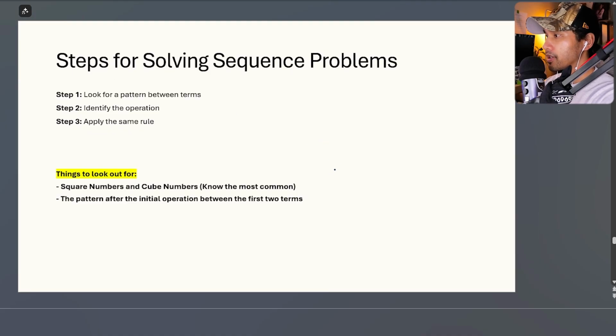Square numbers include, for example, 2 to the power of 2, 2 to the power of 3, and 2 to the power of 4, where the small number is an exponent. When you have 2 to the power of 2, or 2 squared, all that means is 2 times 2, and that equals 4.